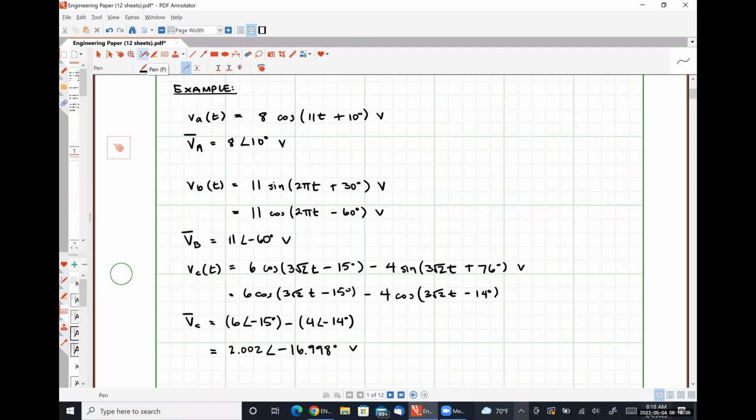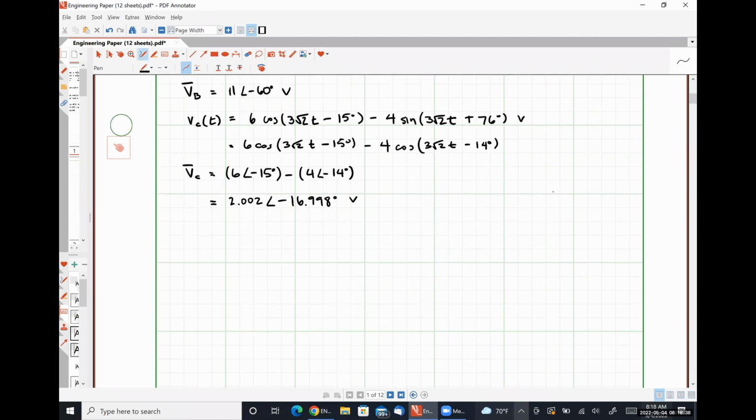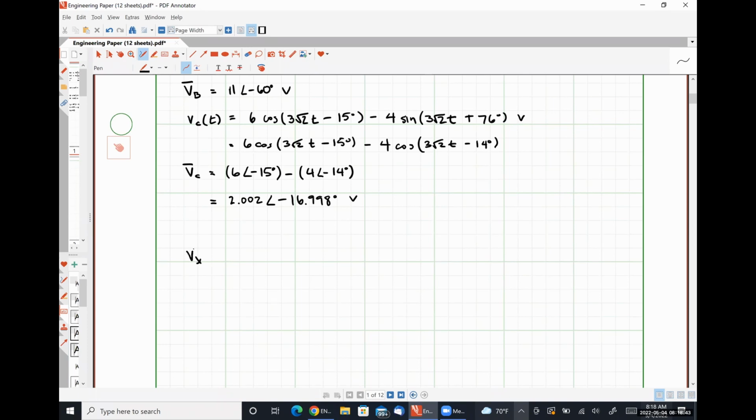So what I mean by that is, let's say that we have this phasor voltage Vx, and it is 10 angle 5 degrees volts. This is representative of 10 cosine 2t plus 5 degrees.